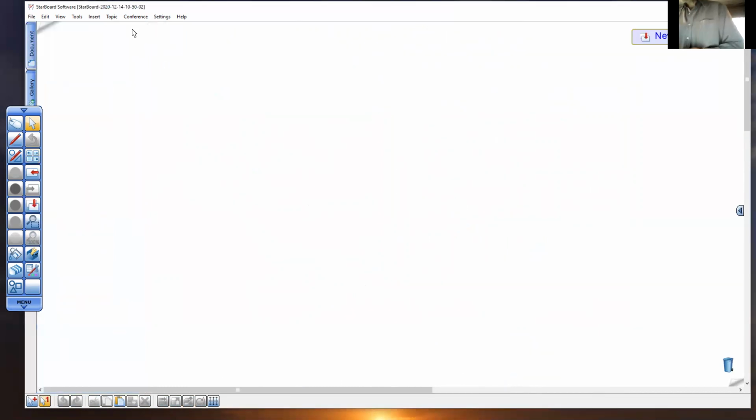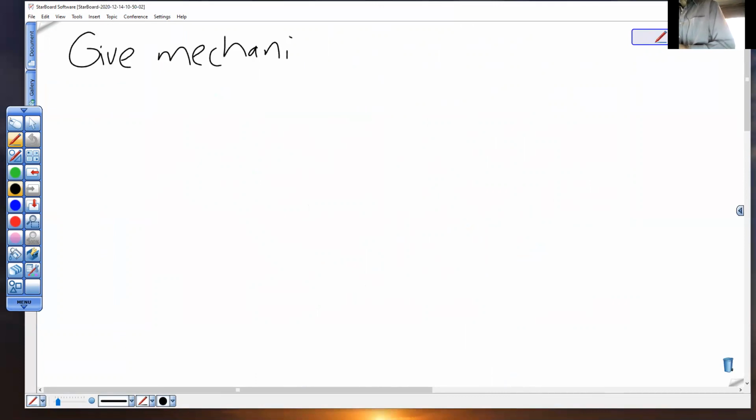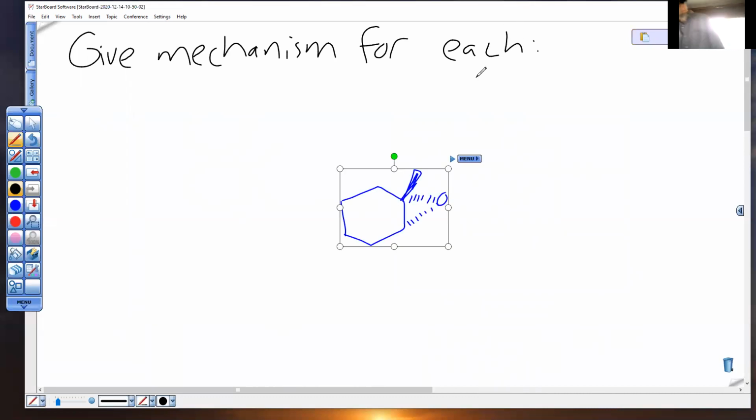We're going to finish by giving mechanisms for each. We'll end with 3 mechanisms. Give mechanisms for each. We'll just use this one for every example.